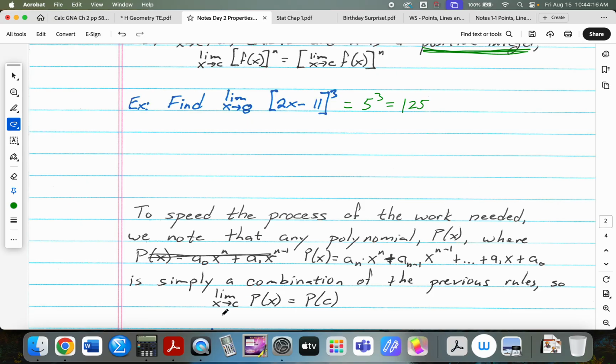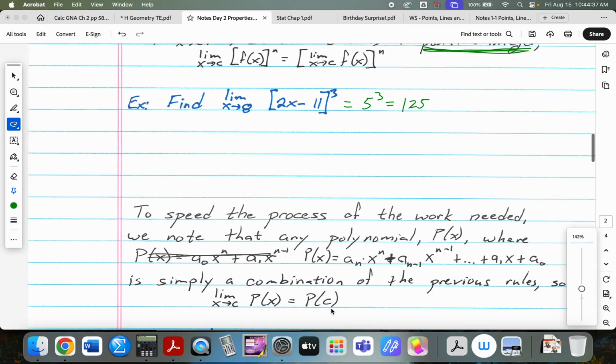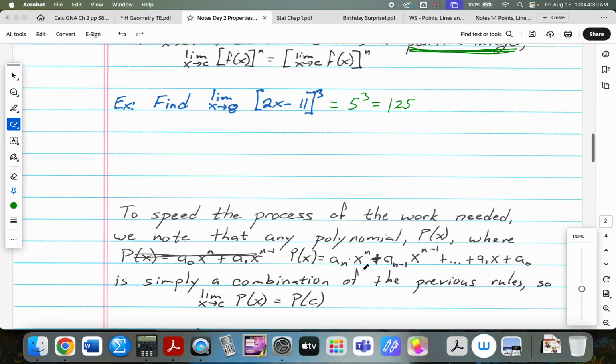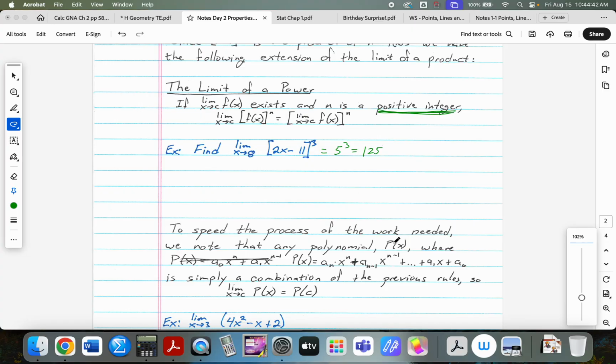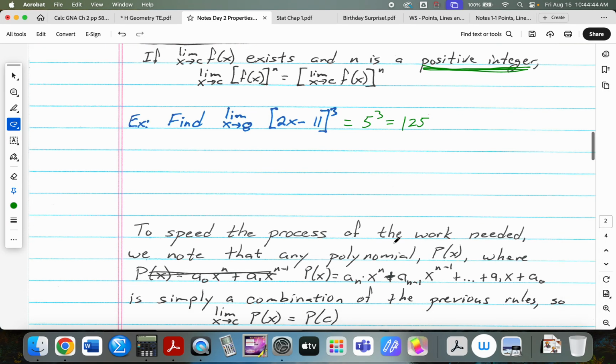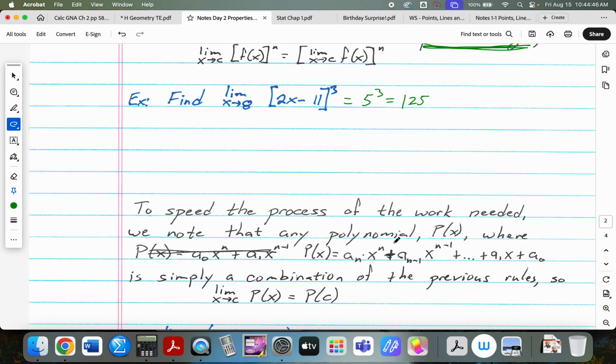So the limit as x goes to c of p of x is just p of c. Remember I said we don't care what happens at c, but sometimes we'll use what happens at c to get the limit. With polynomials, we can always just use what happens at c to tell us what happens as we approach c. It's the same thing. And it's because, and we'll talk more about this later, a polynomial is a continuous function. And again, we'll talk more about continuity later.